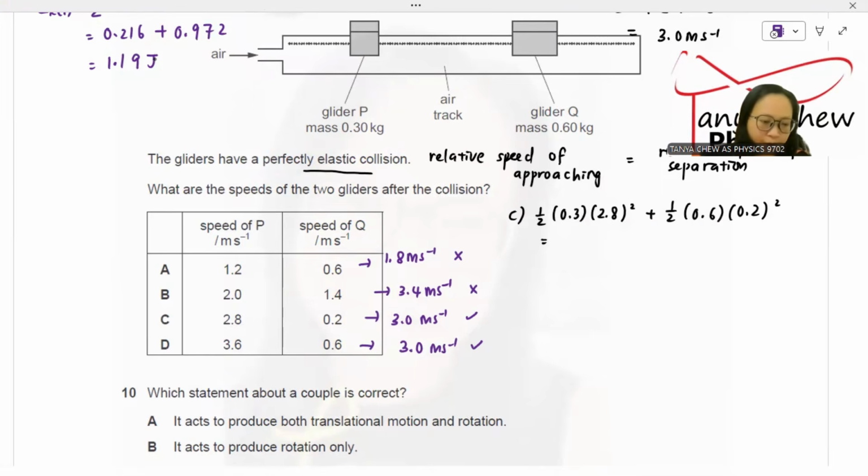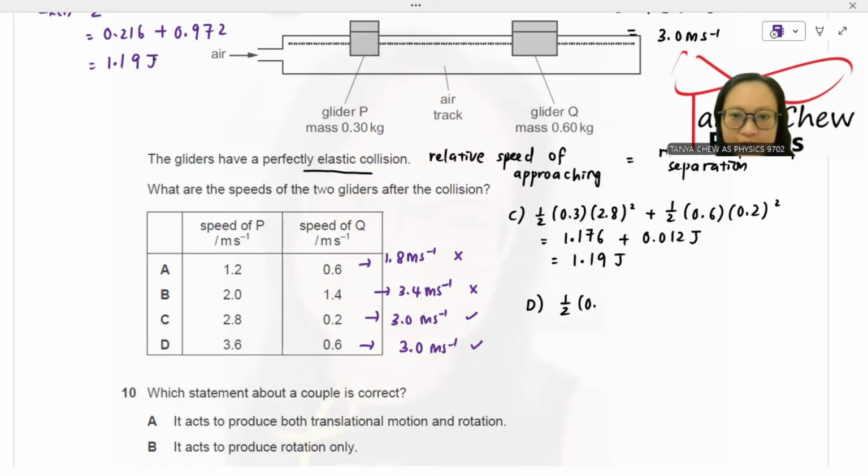So 2.8 squared times 0.3 times half, I got 1.176, plus 0.2 squared times 0.6 times half, I get 0.012. So I add 1.176 and 0.012, and I got 1.19 joules.